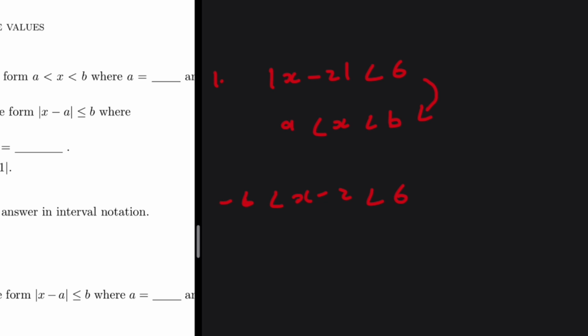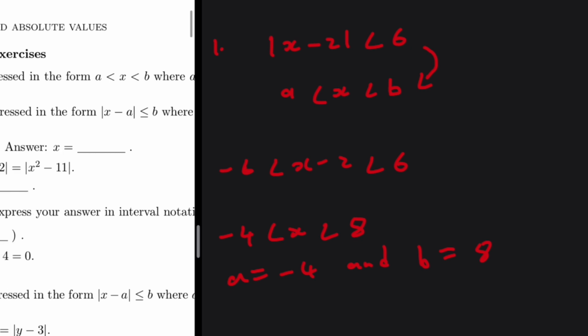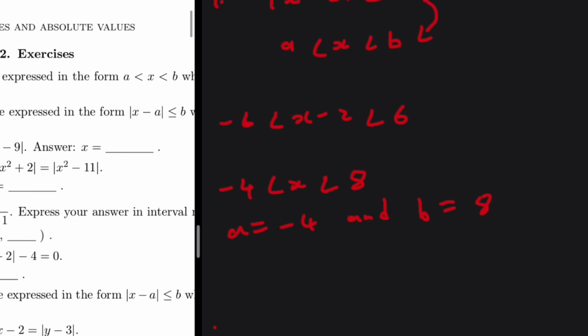If we do that, we're going to get minus 6 plus 2, that is minus 4, less than x, less than 6 plus 2, that is 8. So clearly, a is equal to minus 4 and b is equal to 8. So that is the value of a and b. Let's take a look at the following question.